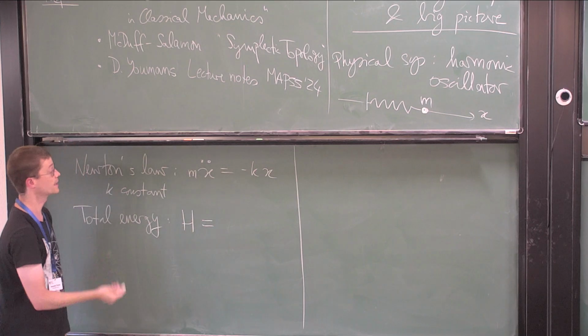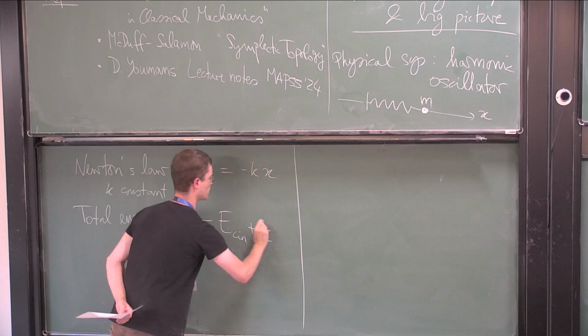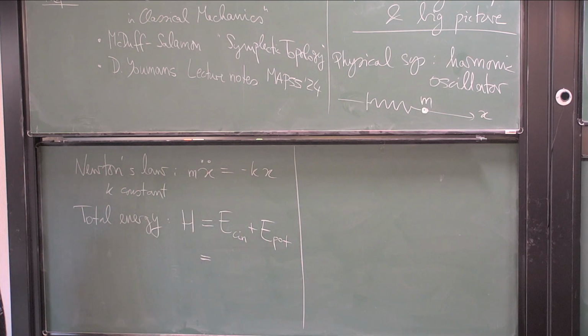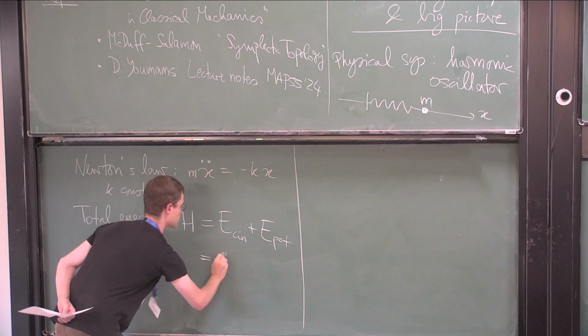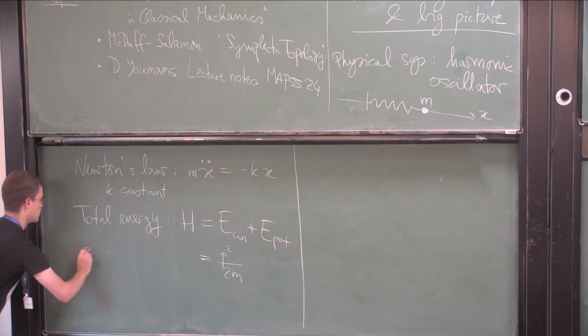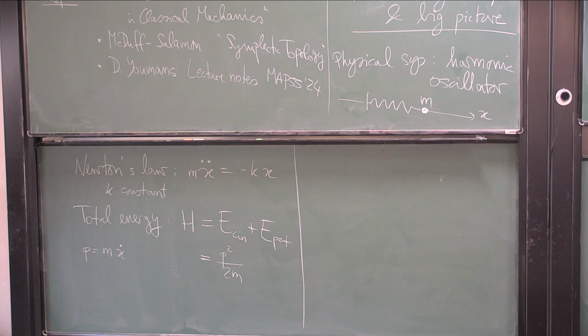It will be the kinetic energy plus the potential energy. The kinetic energy is p squared over 2m, where p is m x dot, the momentum.